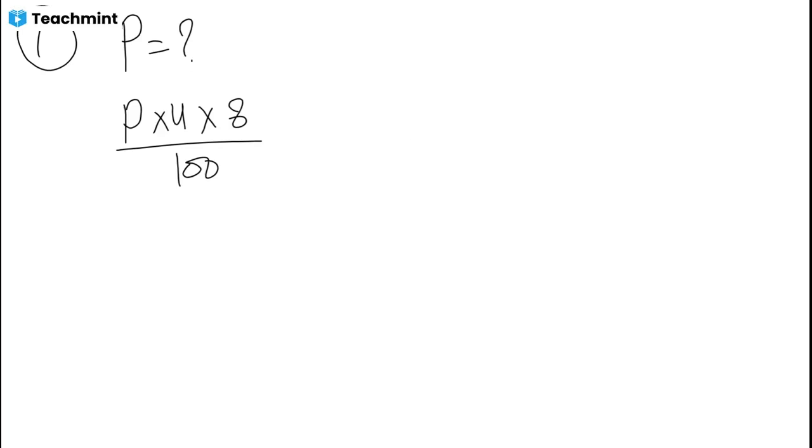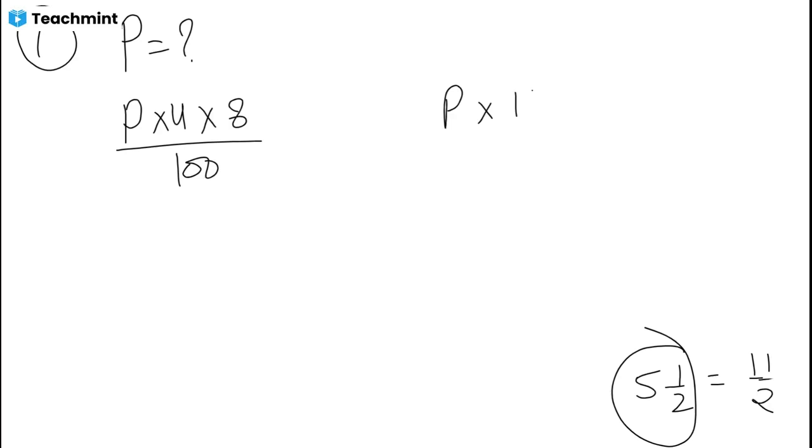Second condition, where P is the same, N is 5.5, which is 11 by 2. So N is 11 by 2. Are you getting 5.5 years? So we can write it as 11 by 2. And the rate of interest for the second condition is 7.